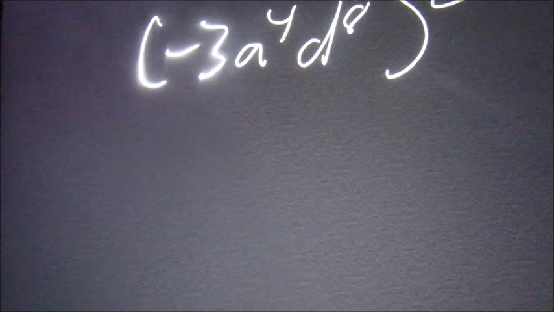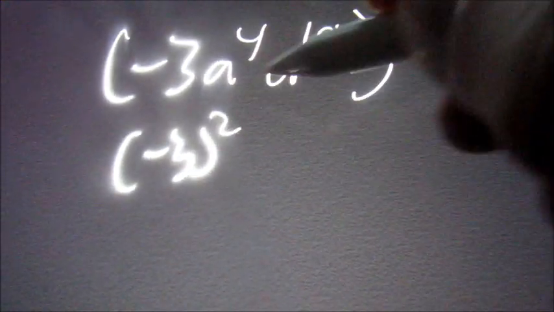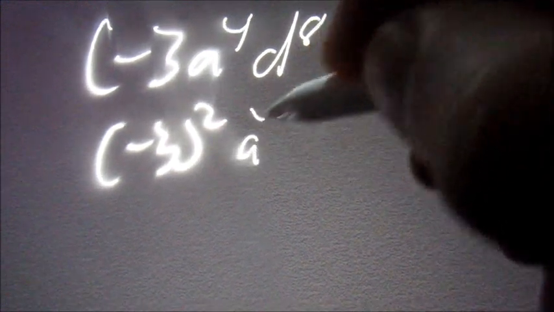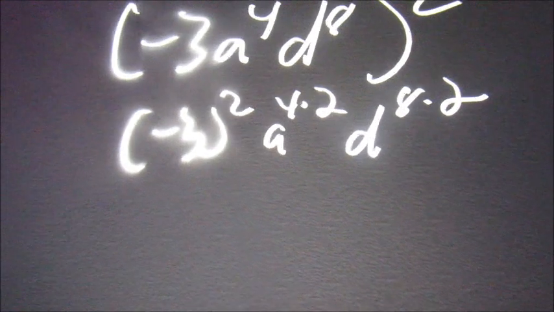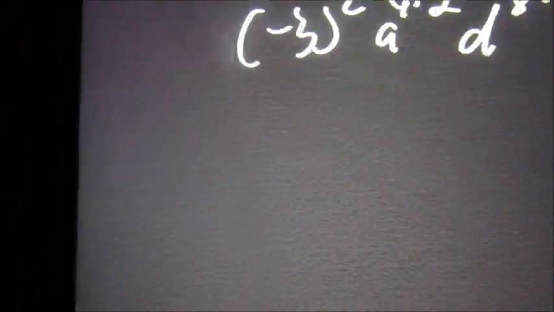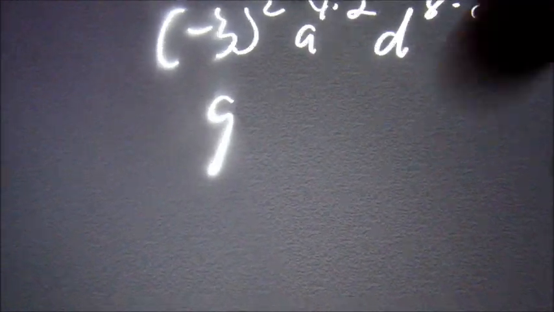Okay, so let's do a little bit bigger one. Negative 3, a to the 4, d to the 8, all squared. So we're going to square everything here. I'm going to rewrite this as negative 3 squared, a to the 4 times 2, and d to the 8 times 2. Negative 3 squared, remember, is negative 3 times negative 3, so that's going to be positive 9.